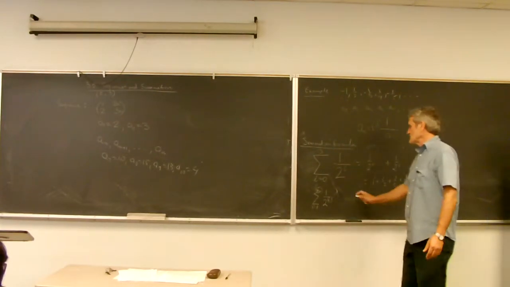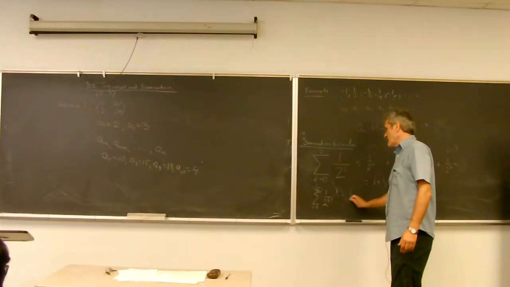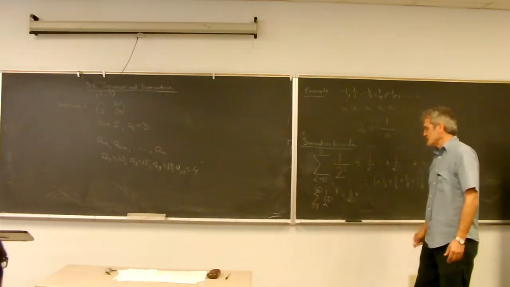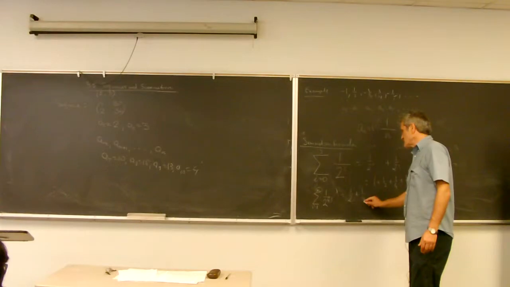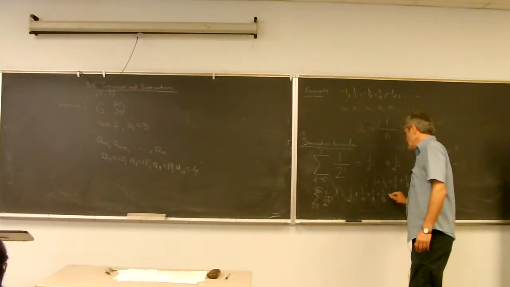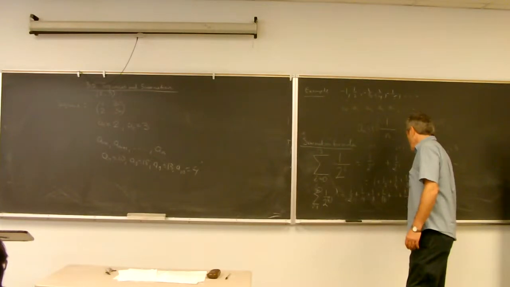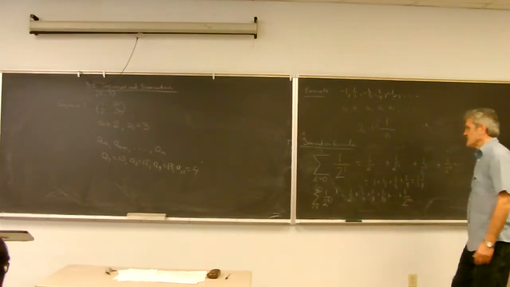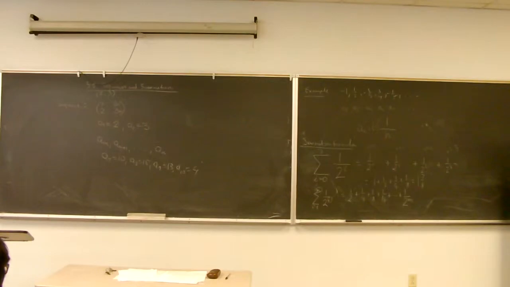But basically, what does this stand for? It stands for 1/2, because I start here a little later, plus 1/4, plus 1/8, plus 1/16, plus 1 over 2 to the m. The last one is 1 over 2 to the m.